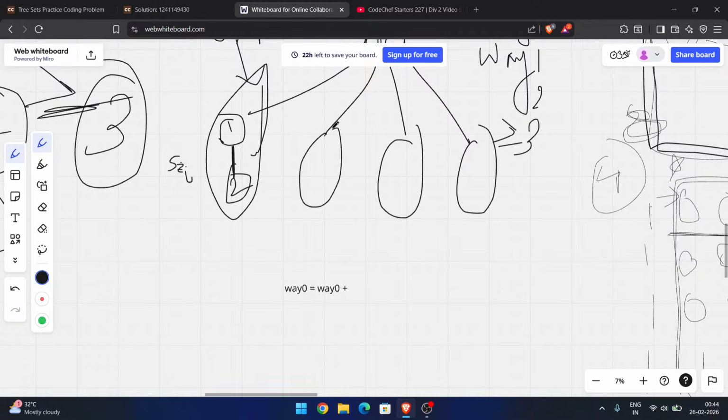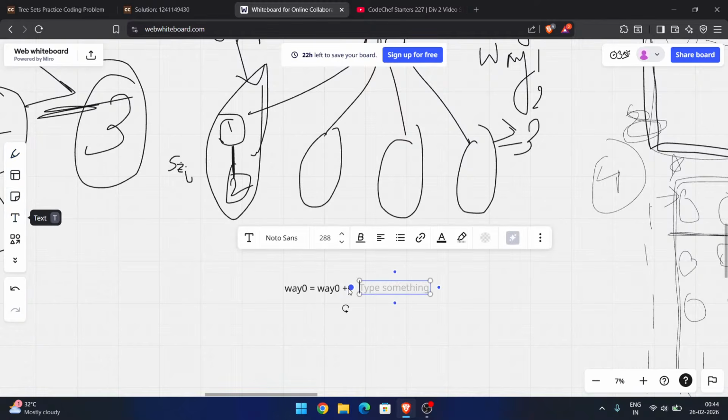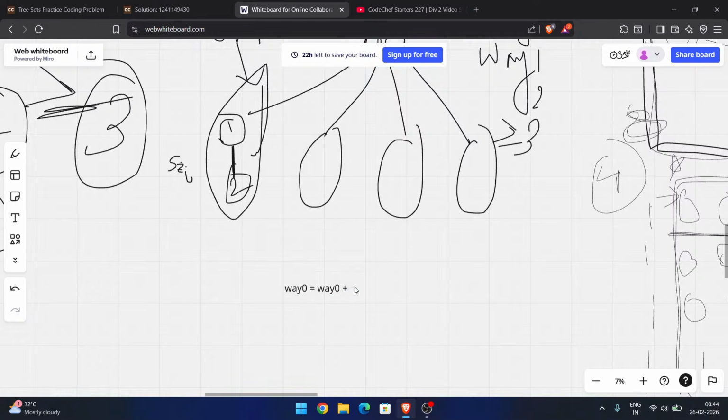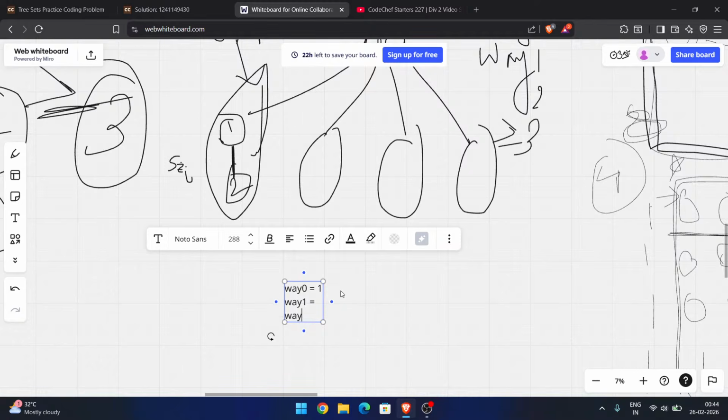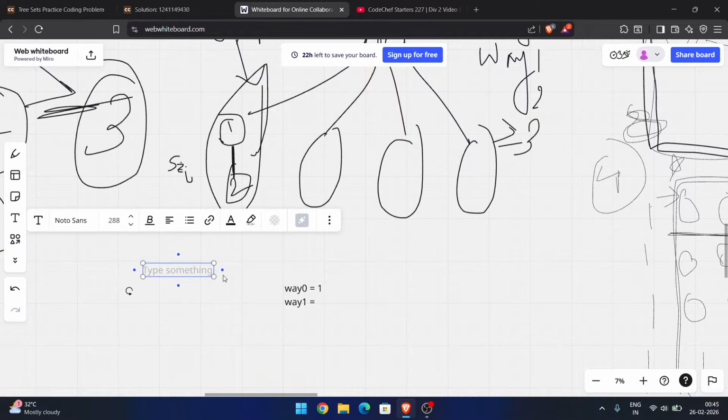So if the size of this branch is, let's say, s, then ways of 0 would be the same only, that is 1, because to select 0 things, there is just one way. But what would be ways of 1? Ways of 1 would be ways of 1 plus this size.